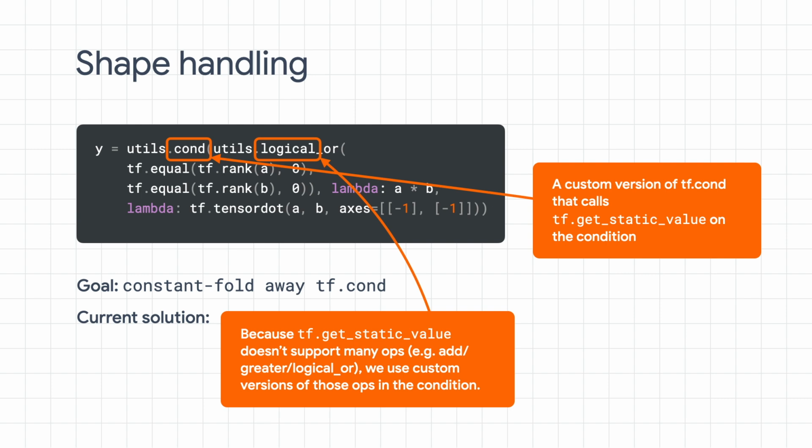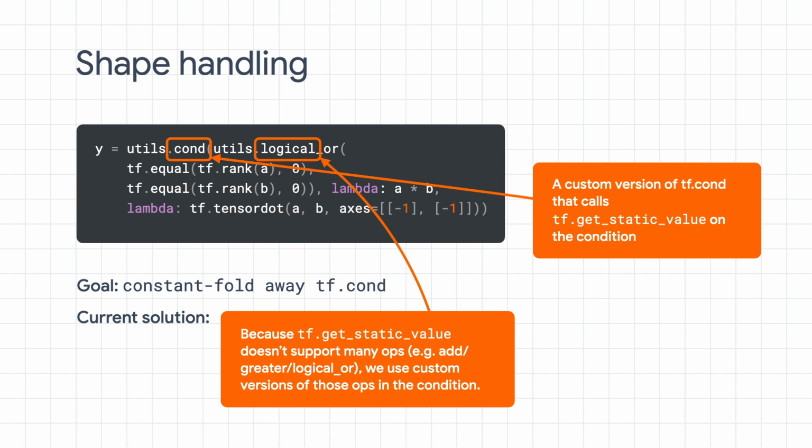The concrete solution is that we have our own version of tf.cond, which we call utils.cond, that does a tf.get_static_value on its condition to extract the static value, and then picks the true branch or else branch at graph building time.